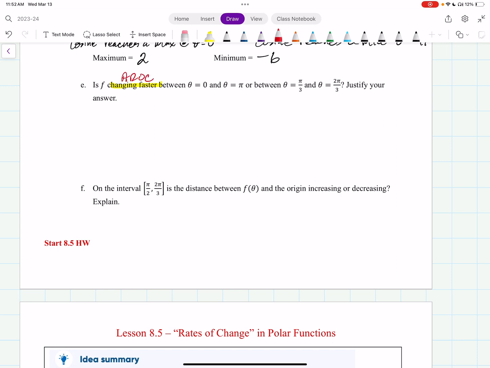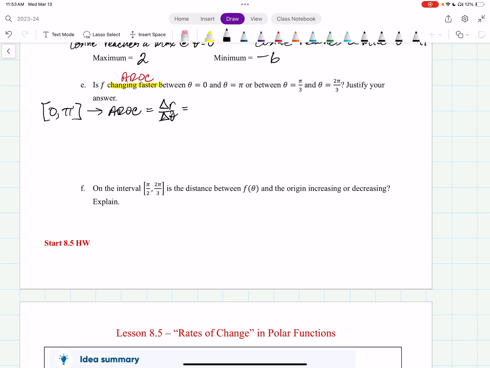So let's take a look at our first interval here, from 0 to pi. Let's calculate the average rate of change to see which one's changing faster. In this case, we have to figure out delta R divided by delta theta.